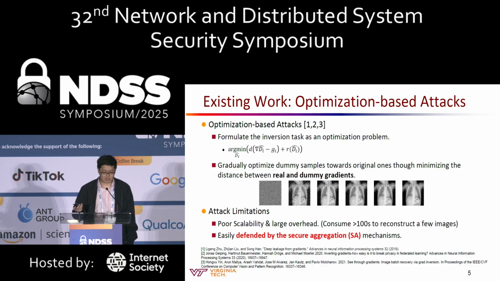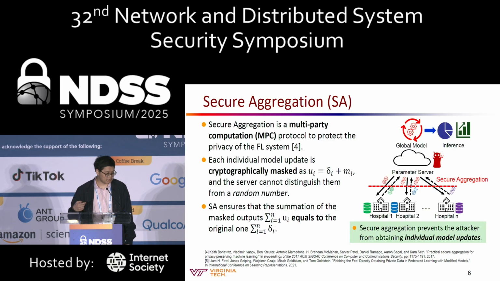The second limitation is that there is already a cryptographic defense mechanism called secure aggregation to prevent them. The secure aggregation mechanism is a multi-party computation protocol aiming to protect, or we can say enhance, the privacy of the federated learning system.